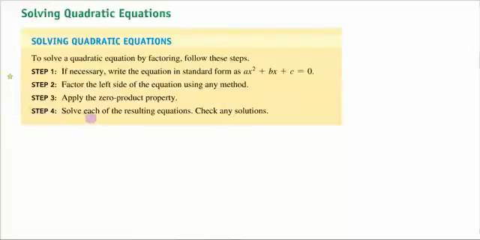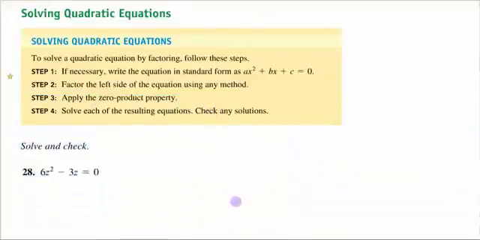Step 4, we'll solve each of the resulting equations, those two simpler equations that come from the zero product property, and then we'll check our solutions. Okay. So just as we do anything, if we go through here and one of the steps is already automatically done for us, then you would just skip it. Okay, no problem.